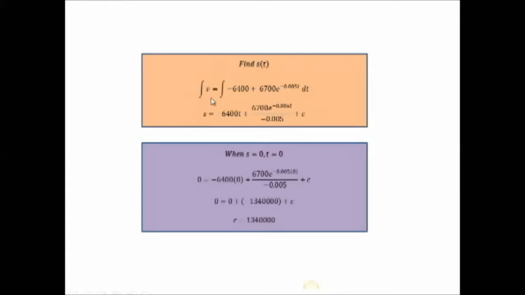Next we want to find the maximum height, which is the displacement. So we must integrate the velocity, and we get the displacement equation. Next we want to find the constant. When s equals 0, t equals 0, because the object has not moved yet, so this is the initial time.